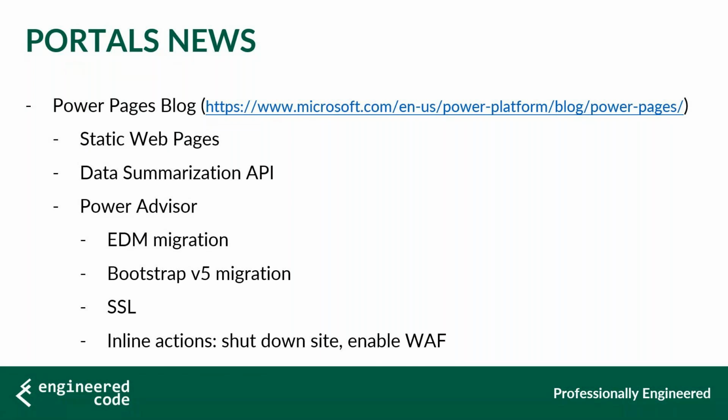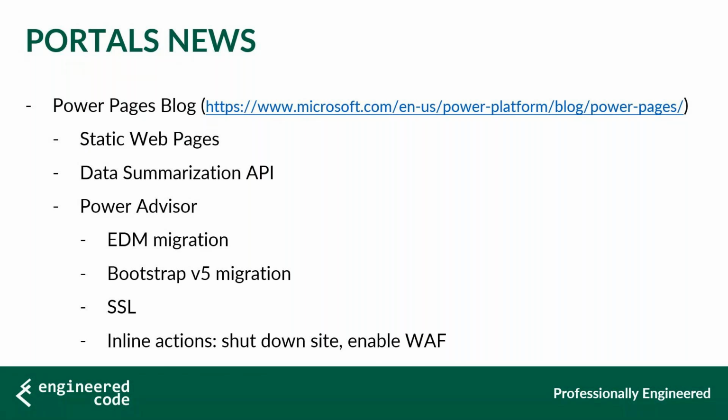The example they use is, I want you to summarize a case, and here are the fields I want you to consider when giving me that summary, and it will reply back with the summary. So you can essentially invoke the data summarization capabilities via the Power Pages web API.